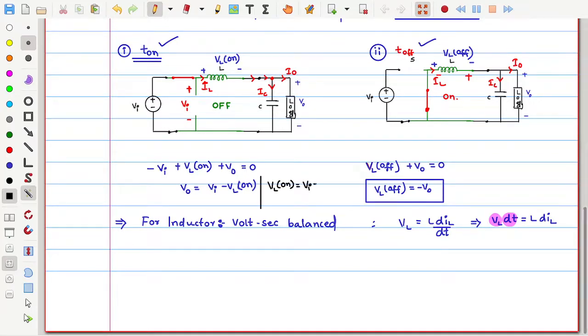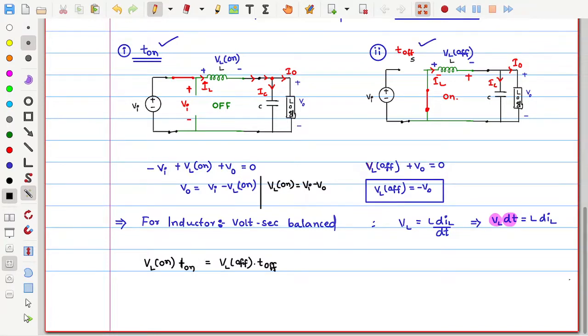Vi minus V0, and here VL off is also there. Now, as per this volt second balance equation, VL on into T on is voltage into time, meaning during the on state the voltage across the inductor into its corresponding time interval, is equal to the voltage during the off state into the time interval during the off state.